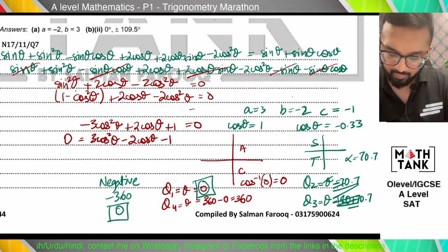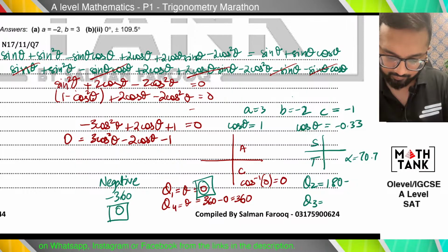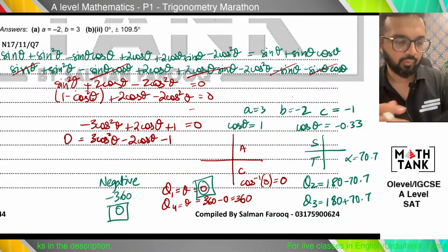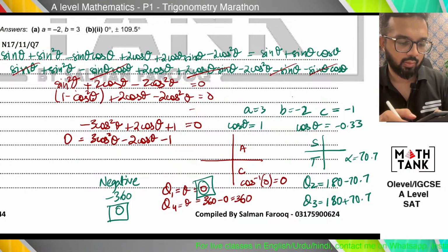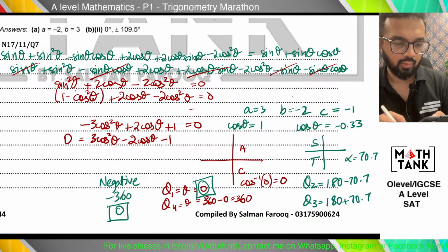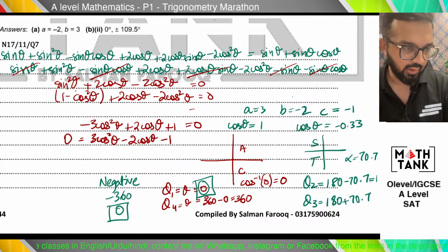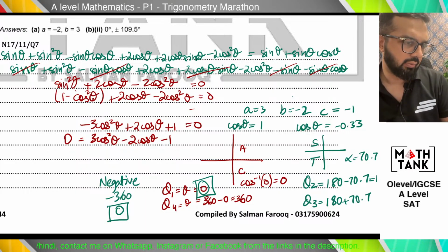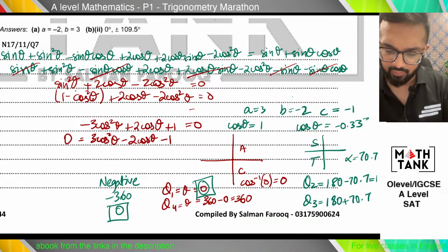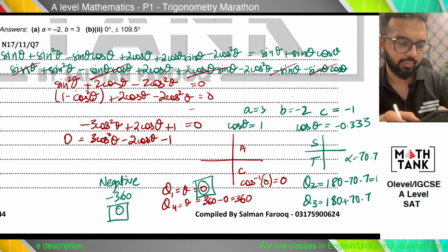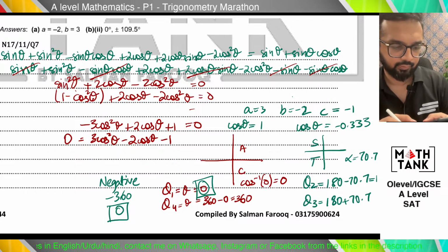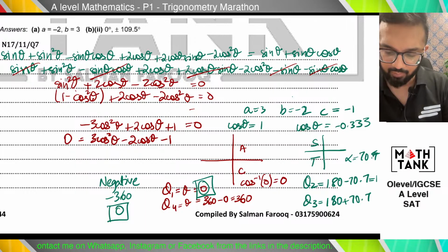I've calculated the wrong quadrants. 109.3. I think I... 0.333. Yep, that's 70.55.